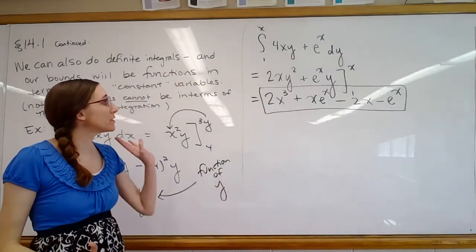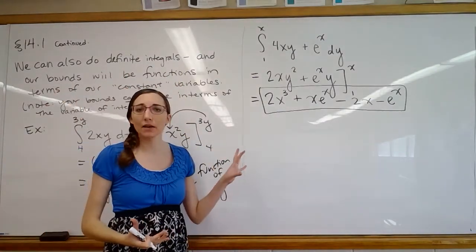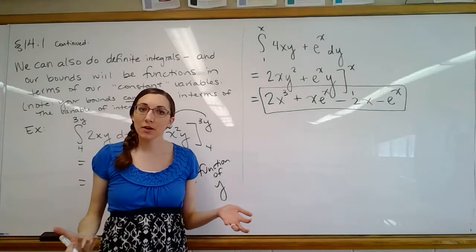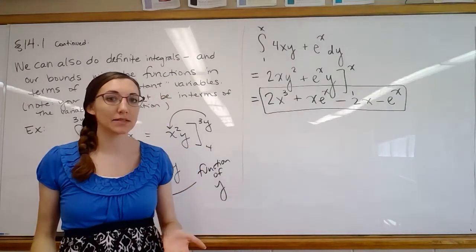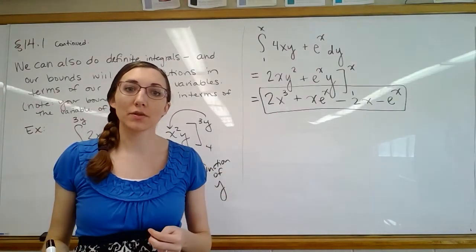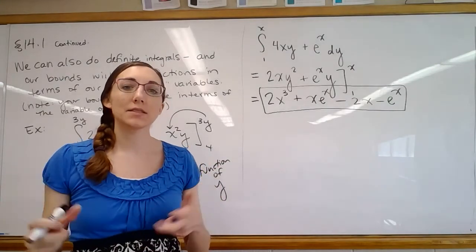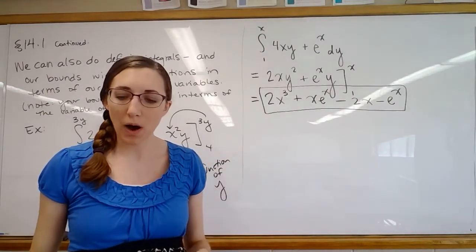Again, notice that what we got there is entirely a function of x, which in this case was my constant variable. So therefore, we're viewing this as a constant function with respect to y.